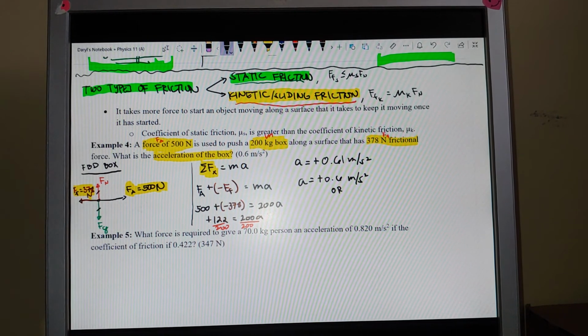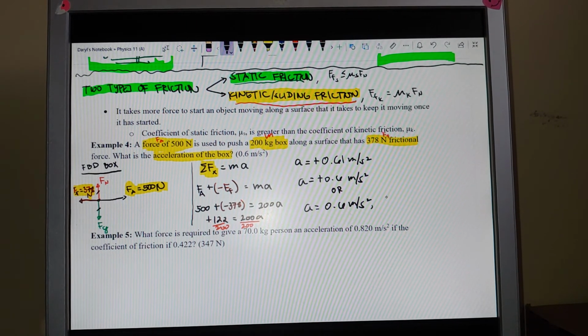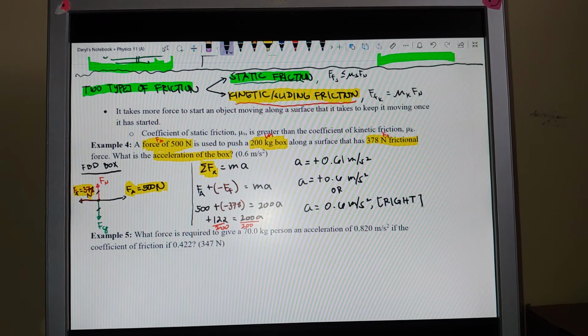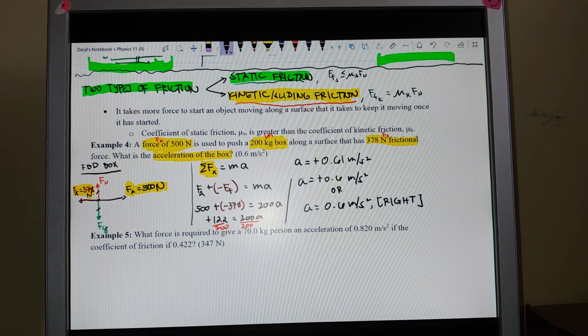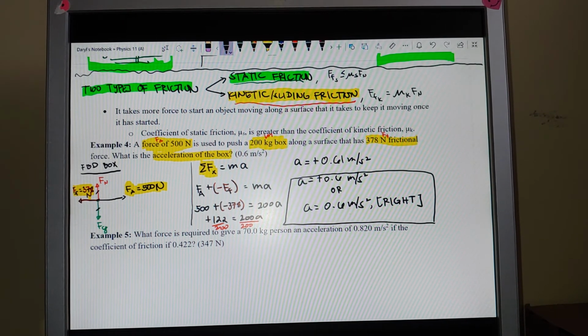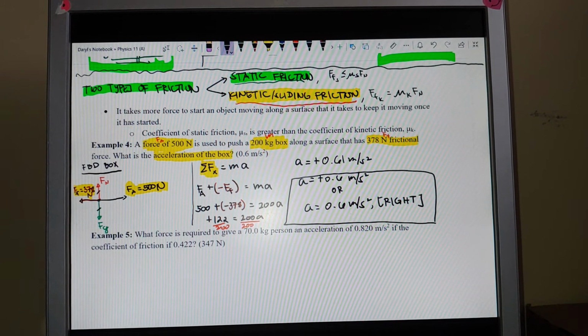Positive is to the right, so you're going to write 0.6 meters per second squared in the right direction. Again, it asks for the acceleration. Acceleration is a vector quantity, so you need to specify both magnitude and direction.